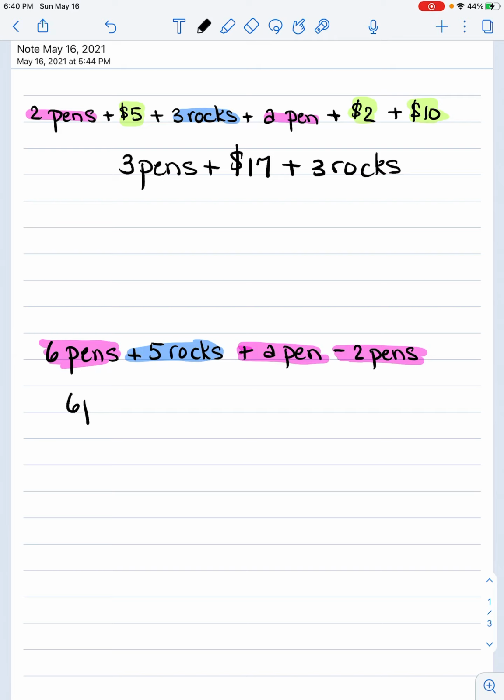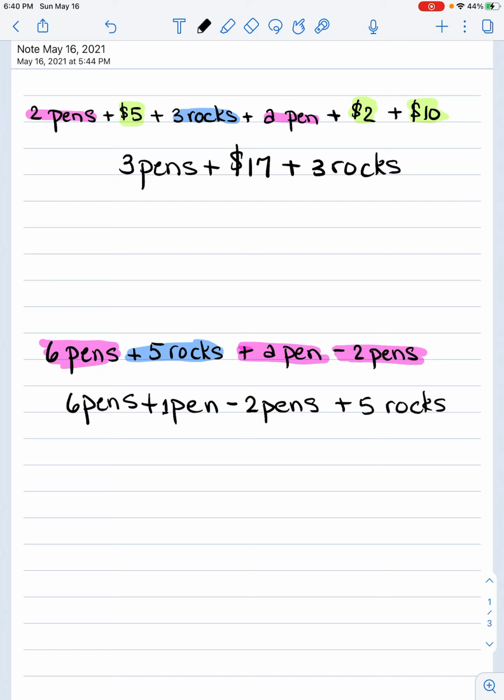I have six pens, and then another pen, and then I'm taking two pens away, and then I'm adding the five rocks. Now let's see, what do we have here?